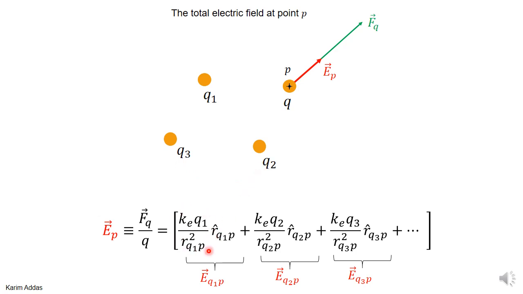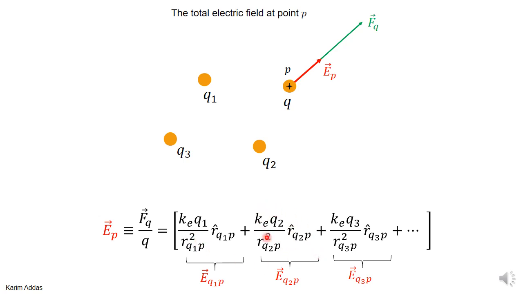If you look at each one of those terms, it turns out that this expression is the electric field at point P due to charge Q1 only, as if all the other charges didn't exist. Because you see what it is, it's KE Q1 over the distance between charge 1 and point P times a unit vector from charge 1 to point P. So this is the electric field at point P due to charge 1 only, as if all the other charges didn't exist.